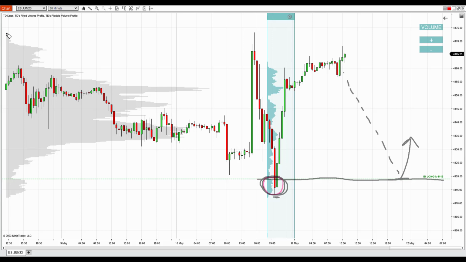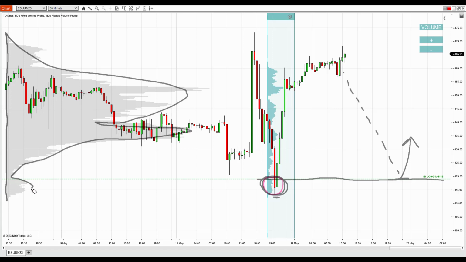Now let's have a look at the weekly volume profile. This is the weekly volume profile. It shows the volume distribution throughout the whole week, and in this case it is a D-shaped profile. That means that it has the shape of a letter D. Now, when there is a D-shaped profile, what you want to trade are the extremes, and you want to look into the extremes, which means this one, and look for significant volume clusters, like this one.